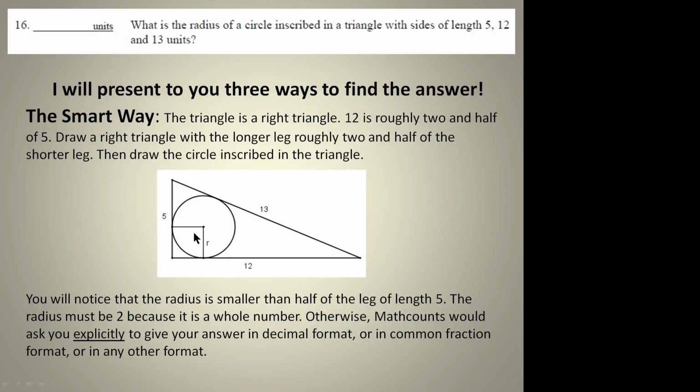Because it doesn't ask for any other format, you can assume the answer will be an integer. So you don't have too many choices, and in this problem you can just draw the picture and find the answer.